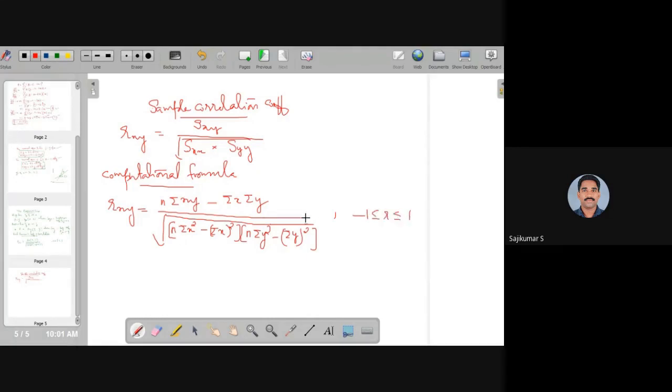And one more thing, for numerically large data, suppose x values and y values are numerically large, then we can apply a transformation. We can apply a change of origin and scale. Suppose this is x minus a by h. For example, if all the x values are clustering about 50, then we can shift the origin to 50 by subtracting 50 from every observation.